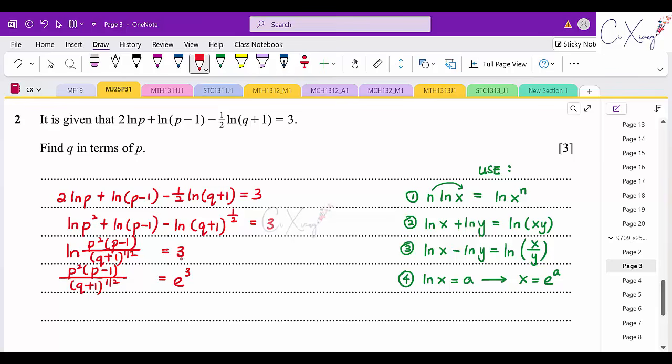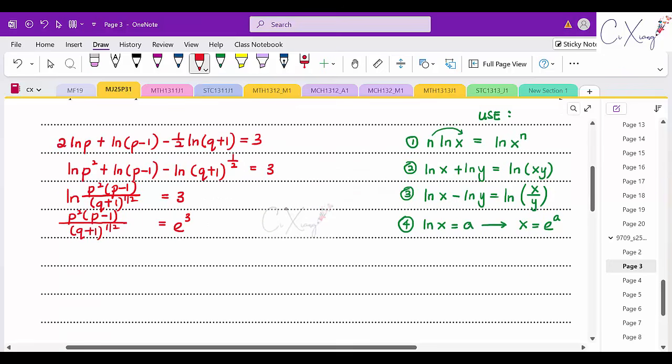Okay, now my final aim is to keep all the numbers and everything to the right, and keep only the q on the left. So let us start from here. I will have p squared, then p minus 1. I try to bring the e power 3 down first, to become the denominator.